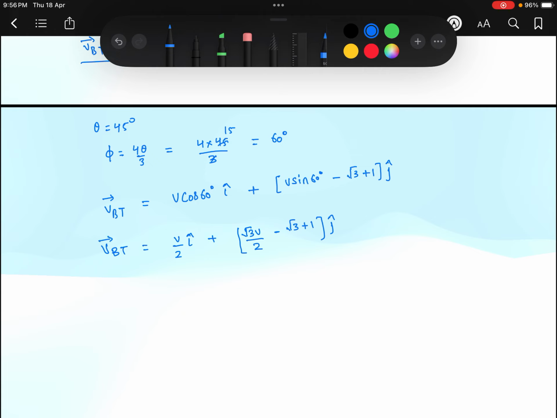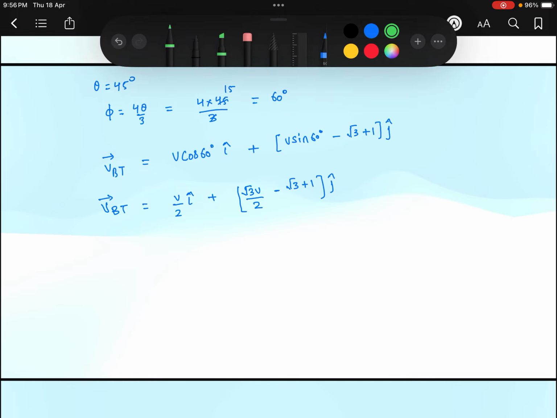Okay, so as we have solved in part 1 that this velocity of ball with respect to trolley is always along this line OA. So this is the point O, this is the point A. Here trolley is moving in the upward direction parallel to y-axis. This is the y-axis, this is x. So this line OA is always making an angle of 45 degree.